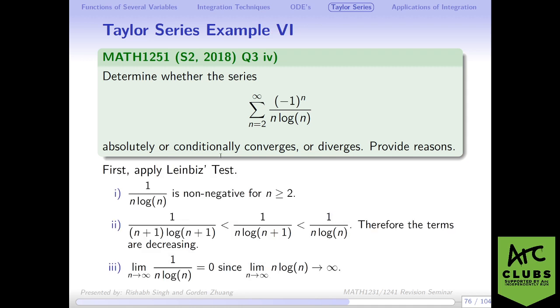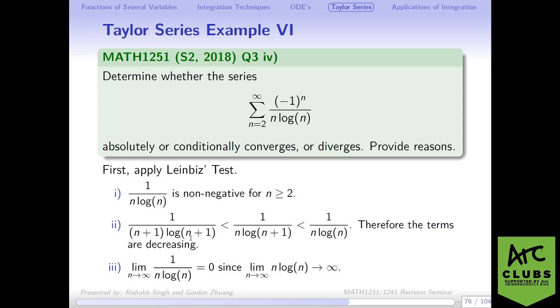So apply Leibniz's test. First, if we ignore the minus 1 to the n, then yes, these terms are all non-negative, because n is going from 2 to infinity, so these logs will always be positive, and n is positive, so yes, that passes. Secondly, we have to show that it's decreasing. So we take a term, n plus 1, that's 1 over n plus 1 log n plus 1.